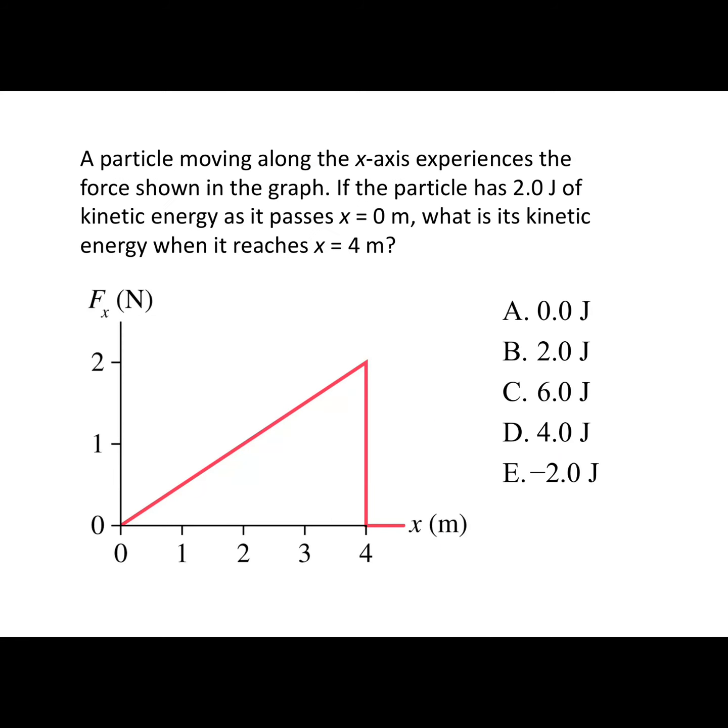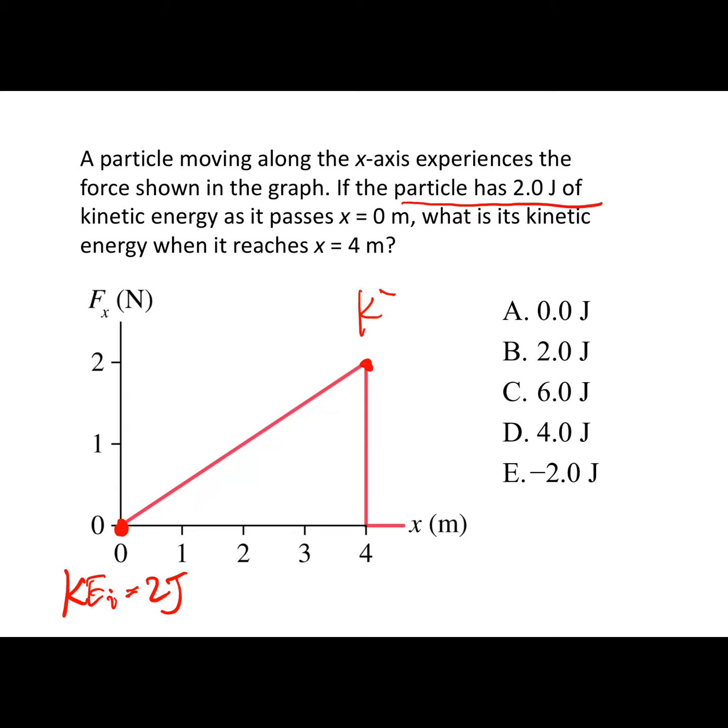So in this way we can calculate this one. You have a force versus position plot. We want to find out what's the kinetic energy when the object is here. What it tells us is the particle has 2.0 joules of kinetic energy here, which means when the object is at 0, it has KEi of 2 joules.